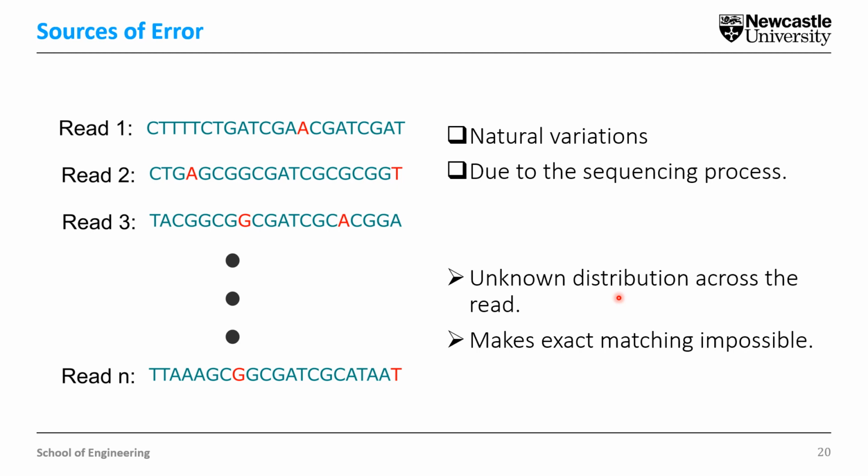However, in general, we have an estimate from our sequencing process that errors may not be more than 5% of the total length of the read. These errors make exact matching impossible, and we will have to find ways to account for the errors while matching the read in the reference genome.